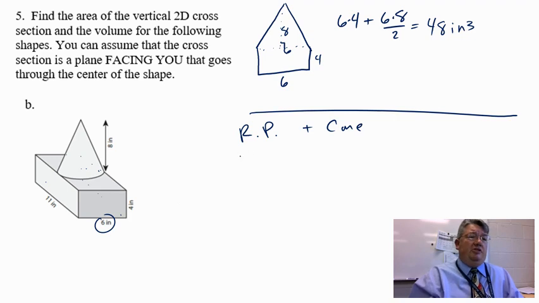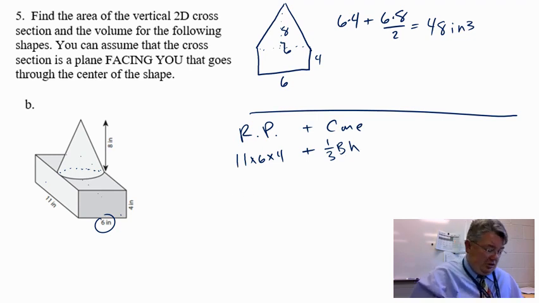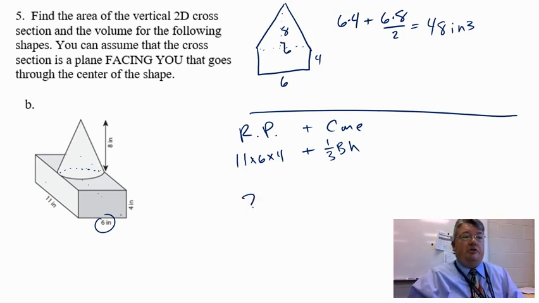Rectangular prism, well, that's just 11 times 6, that's the area of the base, times the 4. Plus the volume of the cone. Well, a cone is a one base shape, so it's 1/3 the base area times the height. And I'm just going to go 11 times 6 times 4 right now on my calculator. This gives me 264 plus 1/3.